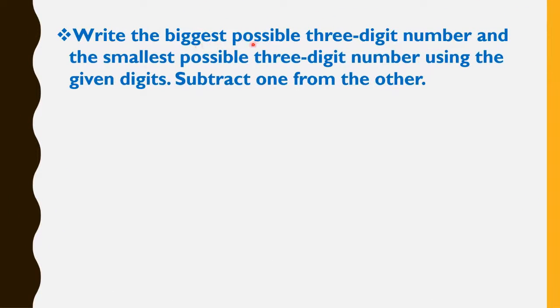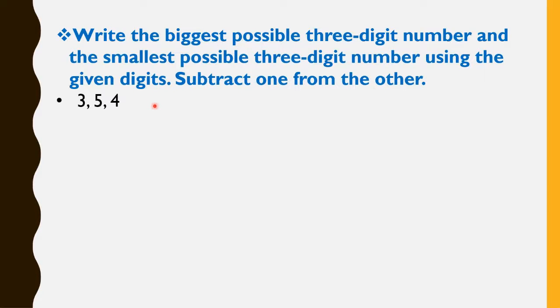Write the biggest possible 3-digit number and the smallest possible 3-digit number using the given digits. Subtract one from the other. The digits are 3, 5 and 4.